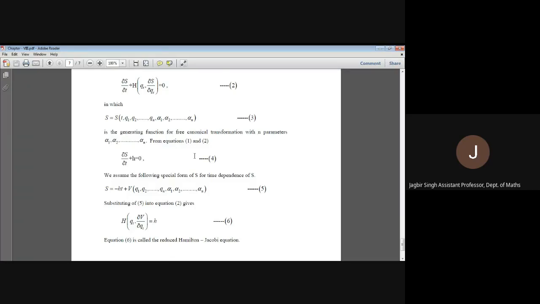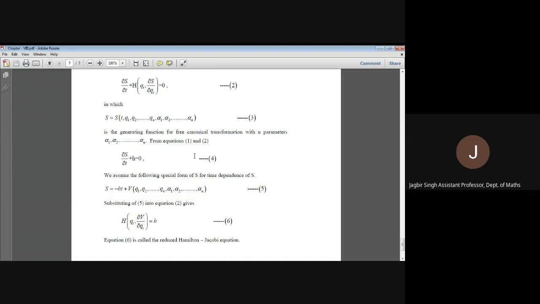So S will be minus Ht plus V of q1, q2, ..., qn, alpha 1, alpha 2, ..., alpha n. Here this V is a constant of integration. Why I am saying it is constant, however it's a function, because we integrated with respect to t. So this V does not involve t explicitly, and so it is a constant term for integration.